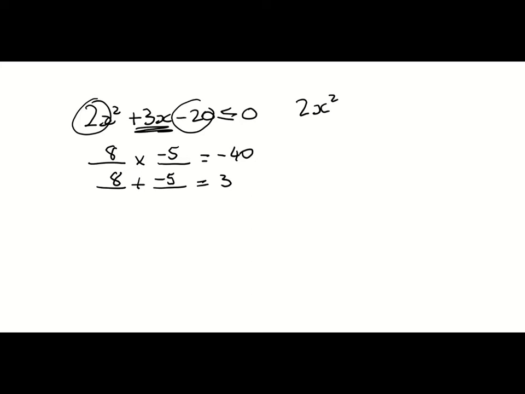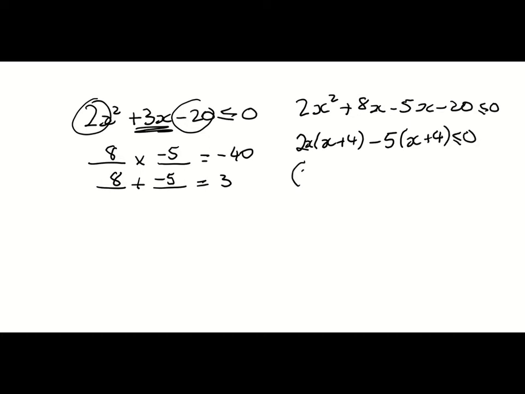So we get 2x squared plus 8x minus 5x minus 20 is less than or equal to 0. So 2x into x plus 4 minus 5 times x plus 4 is negative. 2x minus 5 times x plus 4 is negative.